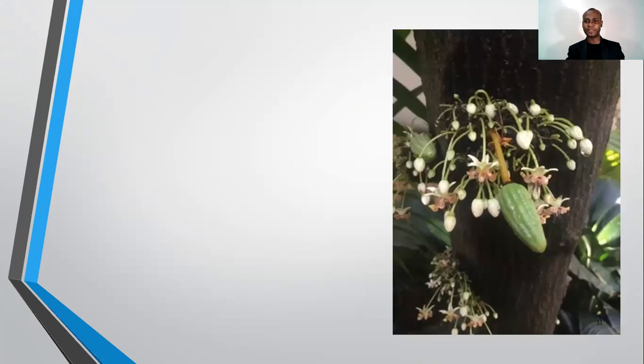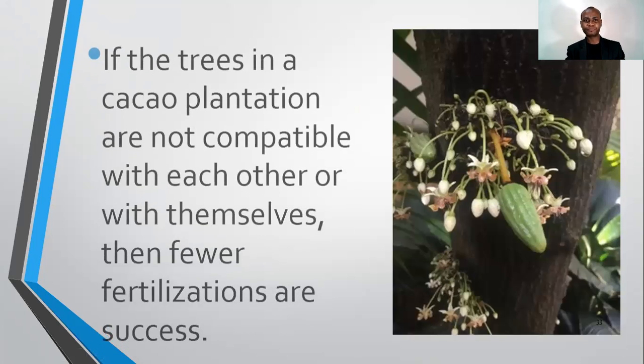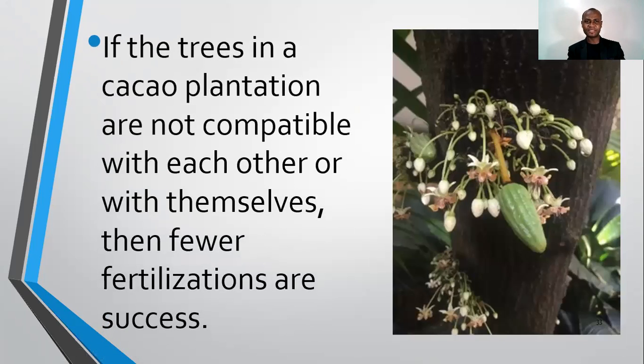So if the trees in the cacao plantation are not compatible with each other, or with themselves, then fewer fertilizations are going to happen. Okay? So fewer fertilizations are going to happen.